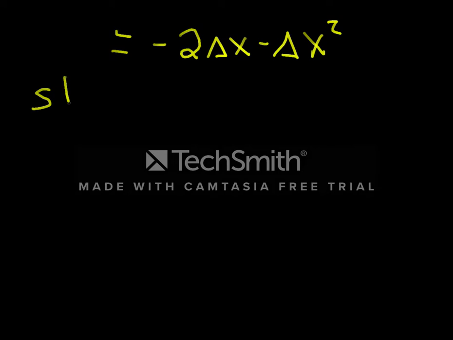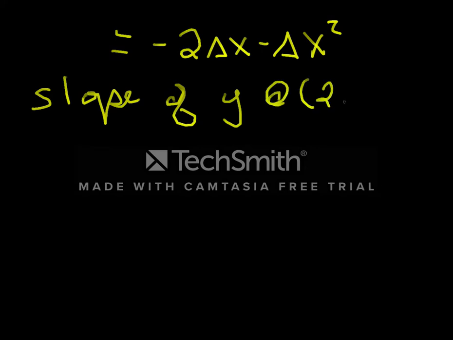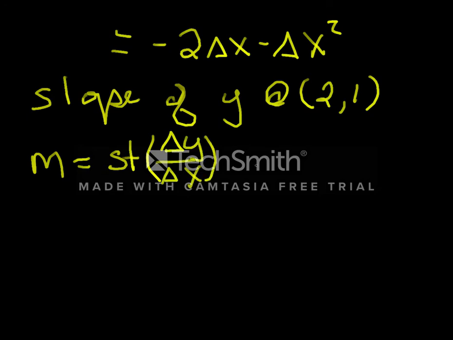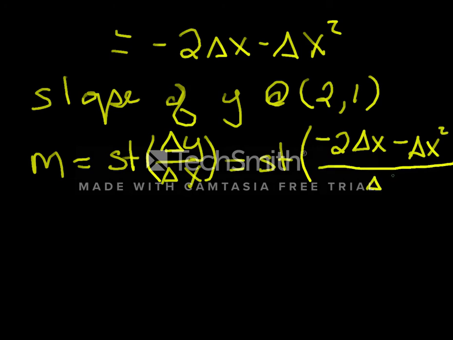So slope of y at the point (2, 1) will be given by slope is equal to the standard part of delta y divided by delta x, which we now know is the standard part of negative 2 delta x minus delta x squared. That's the change in y part, and delta x is our change in x.